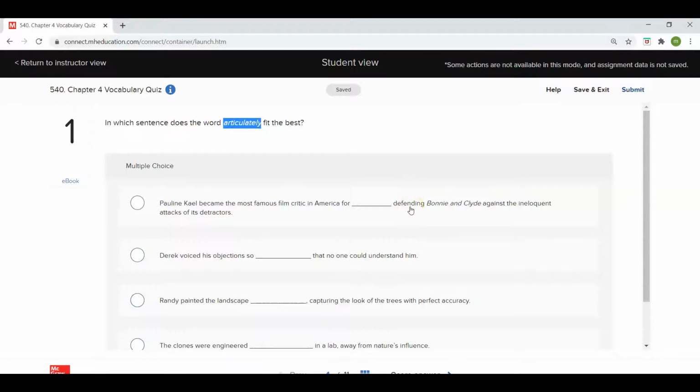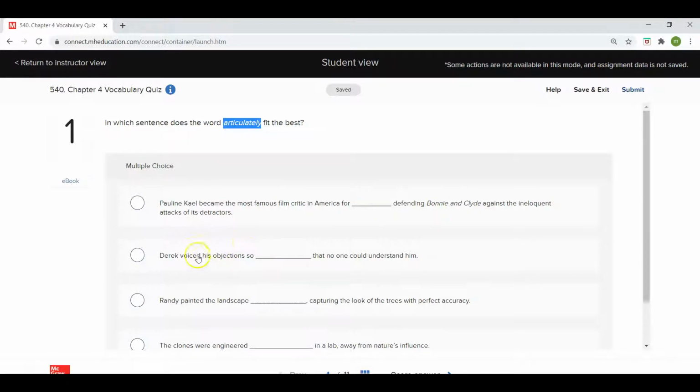Was it like a really not a very good defense, or was it a good defense? Articulate is a good thing. So it seems like articulately might fit here, because we're saying that this person defended this movie against critics, sometimes we call them haters these days, right? People who didn't like the movie. I think it was a movie, right? Yeah, a film. So the point is that articulately seems like a good thing there, articulately defending that movie.